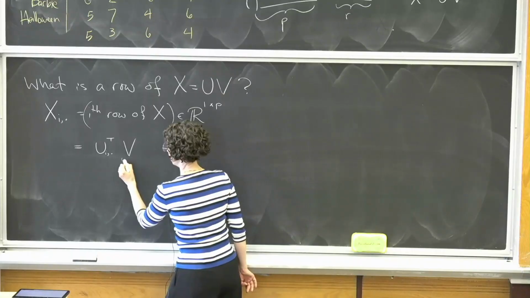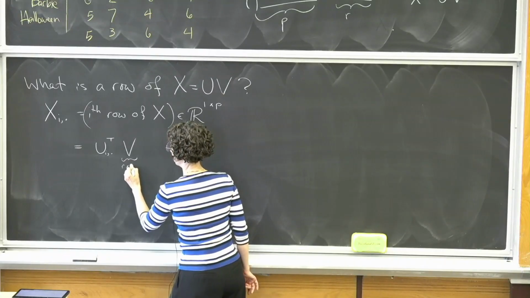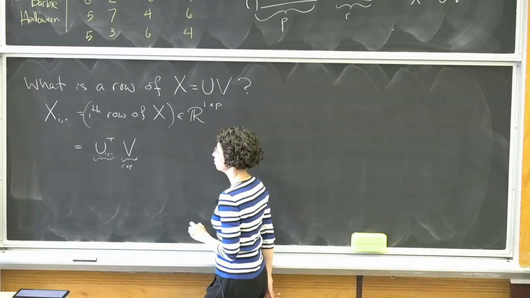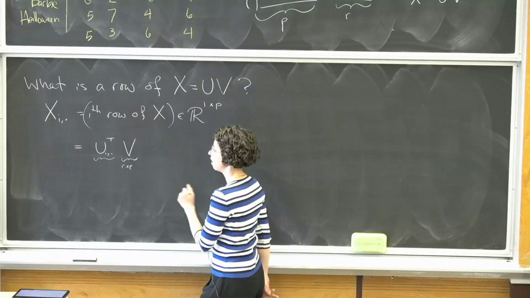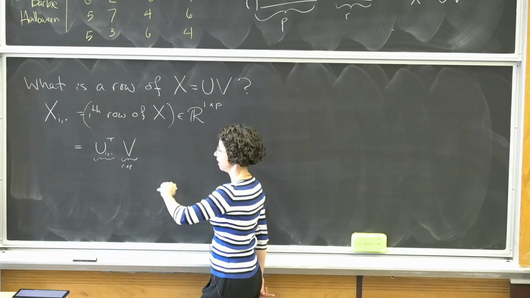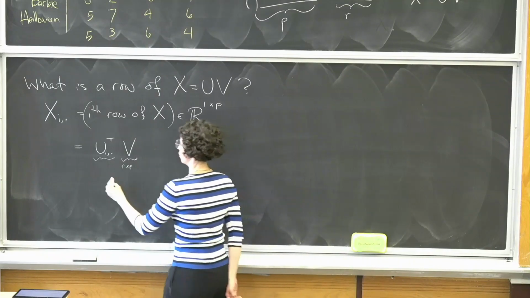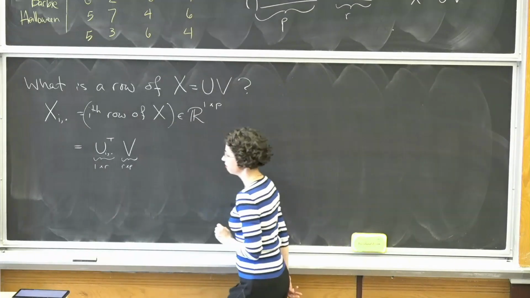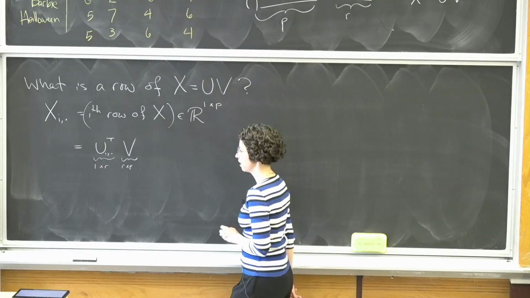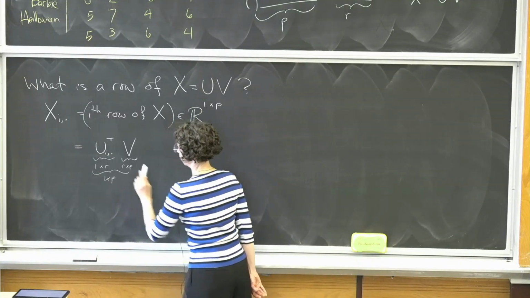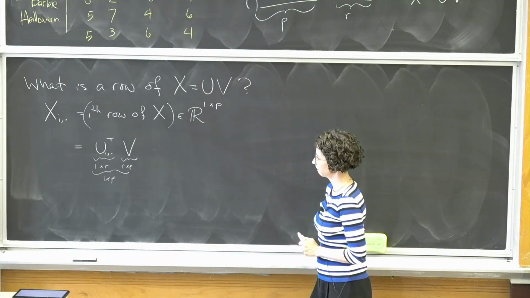So V, we said, was R by P, and U i dot, the ith row of U, is a length R vector, but we transpose it, so it becomes a 1 by R vector, and so the product becomes a 1 by P row vector.